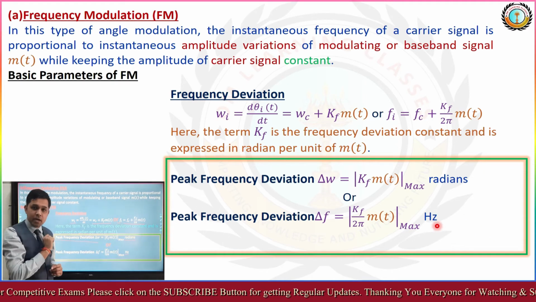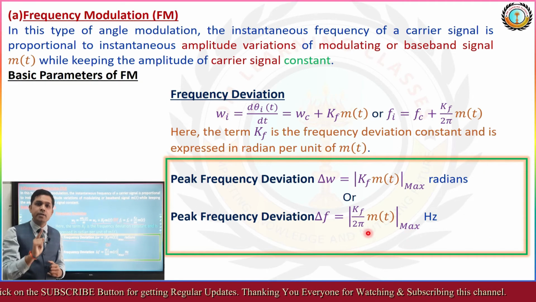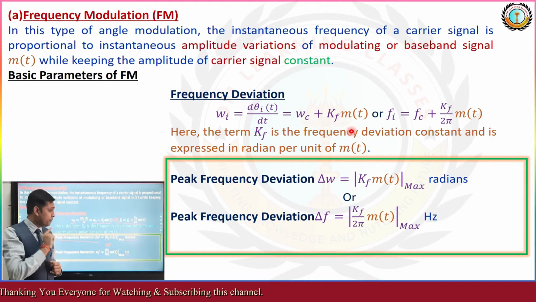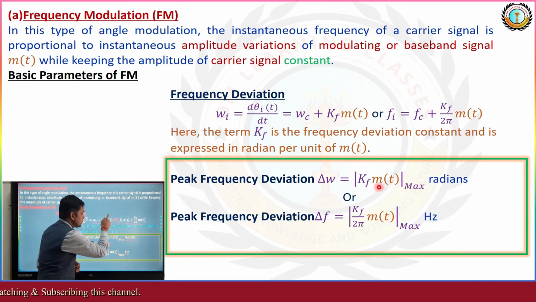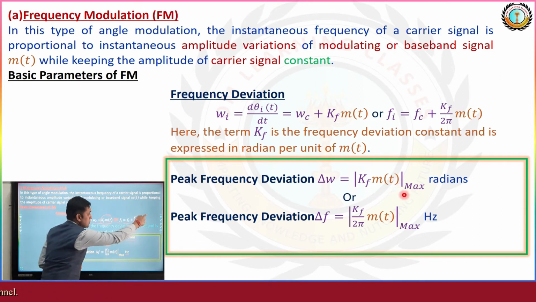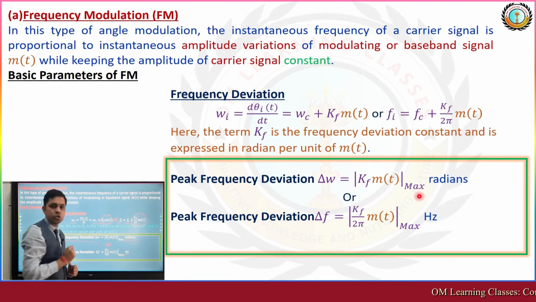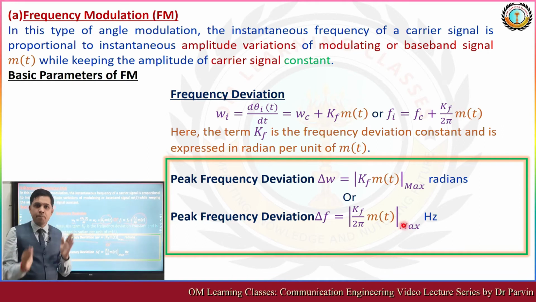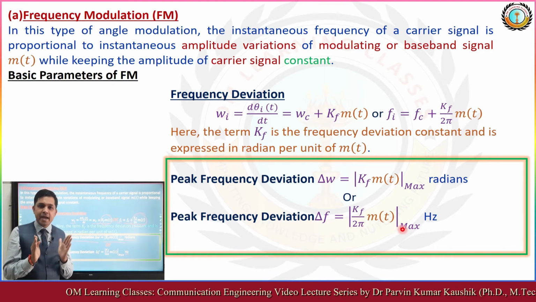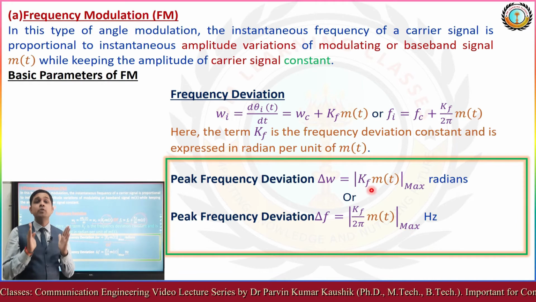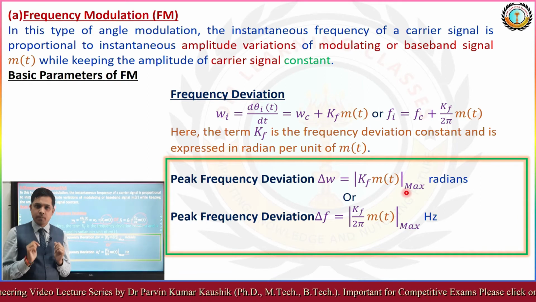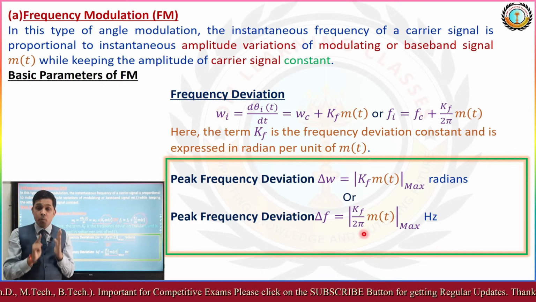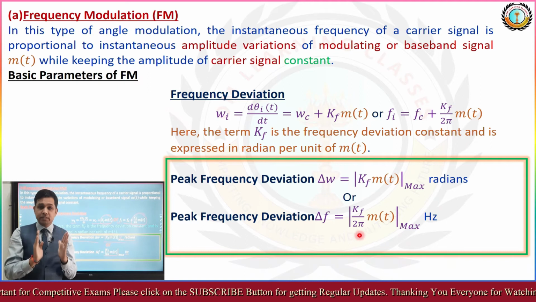As per this fundamental, and considering the unit of kf as radian per unit of m(t), this factor is maximized for getting the peak frequency deviation. So the peak frequency deviation is the maximum value of kf into m(t), and similarly, the maximum value of kf by 2 pi into m(t).